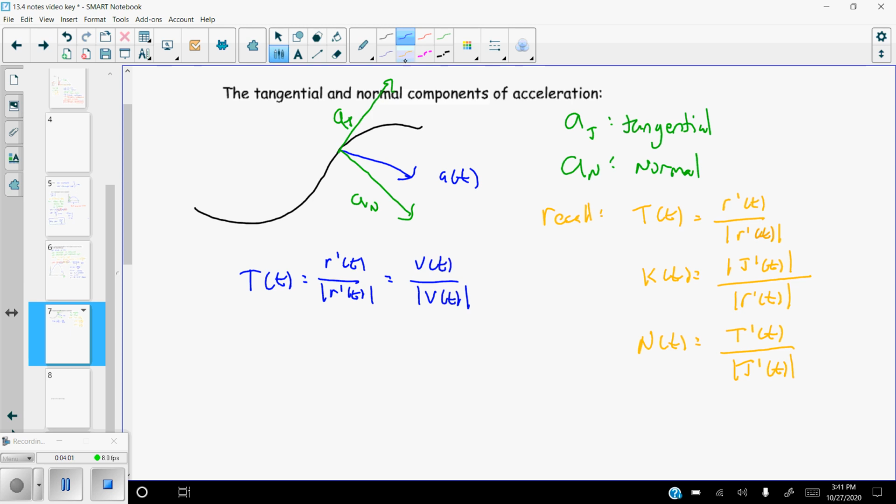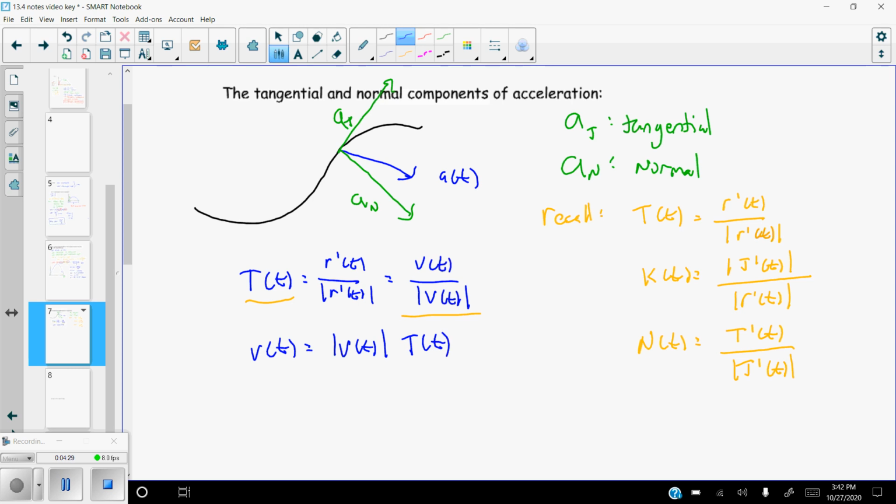So taking this piece and this piece right here, I can multiply both sides by the magnitude of the velocity to get a formula for the velocity itself. So the velocity function would just be the magnitude of velocity multiplied by T of t. Okay?